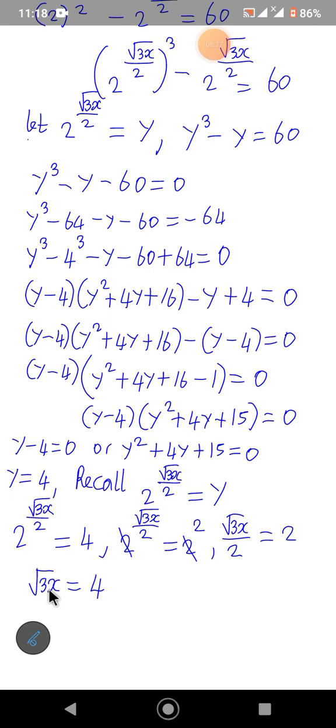Then I'm going to take the square of both sides to remove this square root sign. So the square root sign was eliminated and I got 3x is equal to 4 squared, which means 4 times 4, that's 16. Then from here, x will be equal to 16 all over 3. So this is my solution to this question.